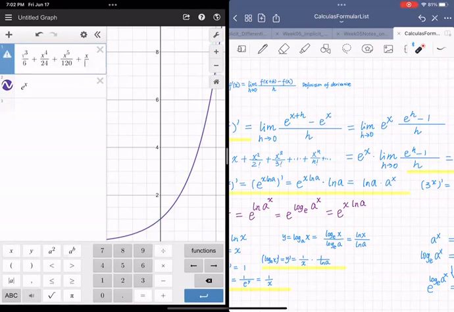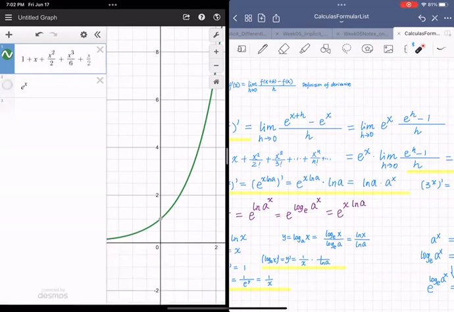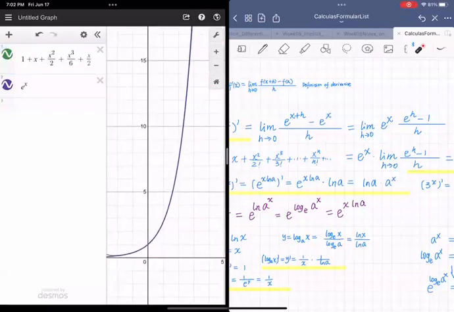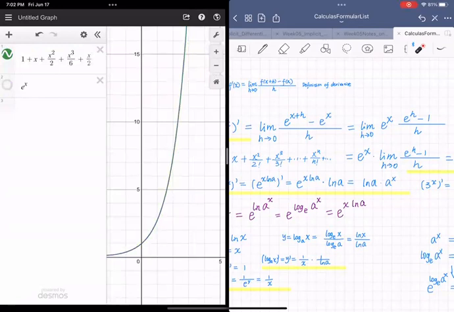So 120 times 6 is going to be 720, and this top is x to the power of 6. Did you see? Is this magic? No, this is not magic. It is just a Taylor series. See how beautiful it is. If I don't show you, you don't know that they are not the same function, but their curves look exactly the same.